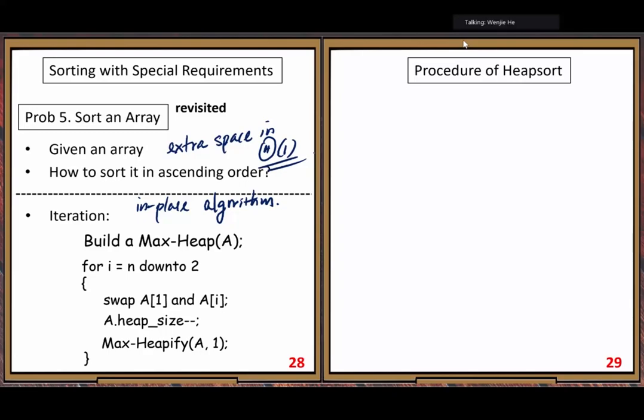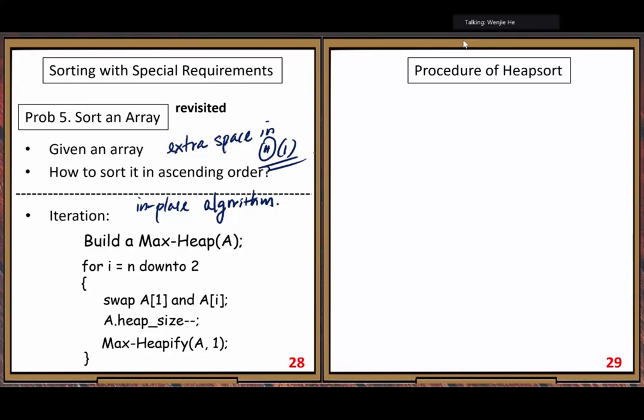But also, when you build a max heap, you need to look at your code. In our pseudocode, we use recursion. If we go back to our previous lectures, you will see when we build a heap, we use recursion.